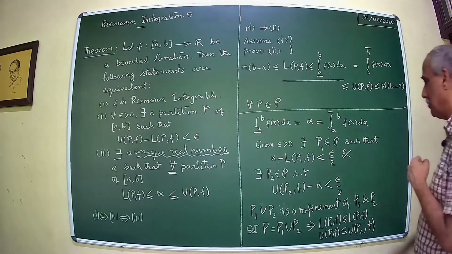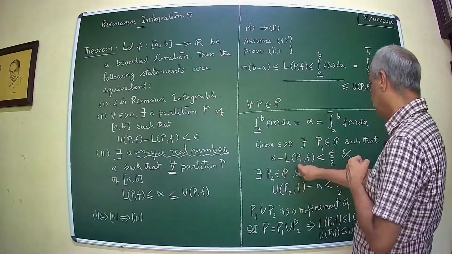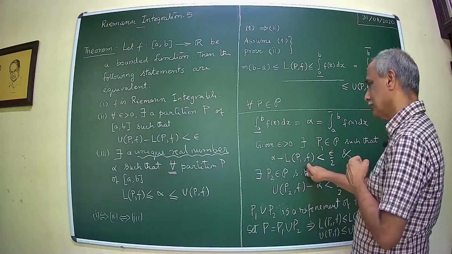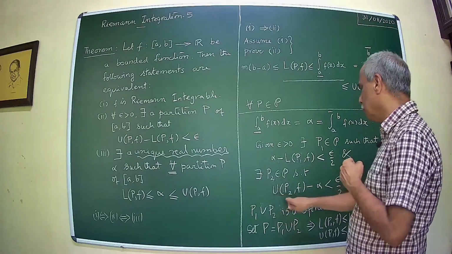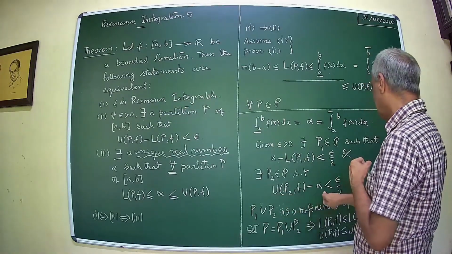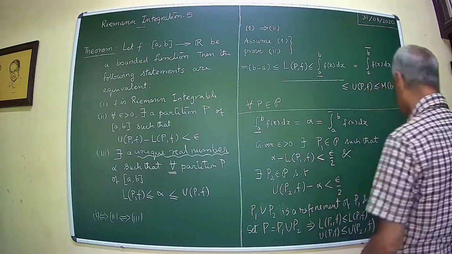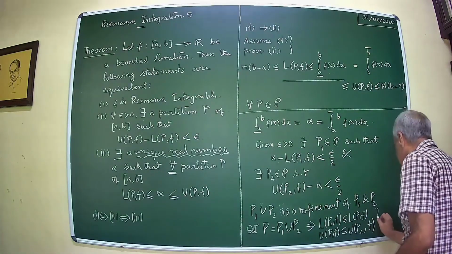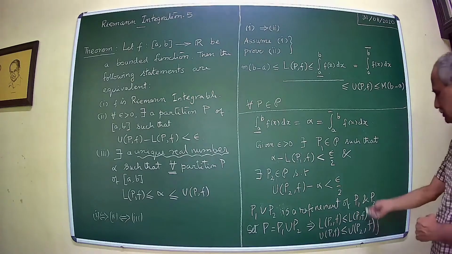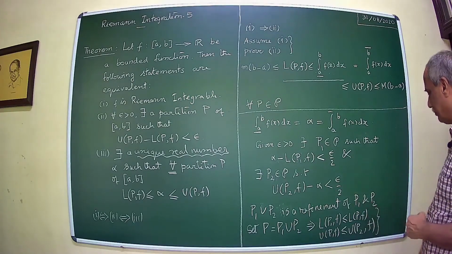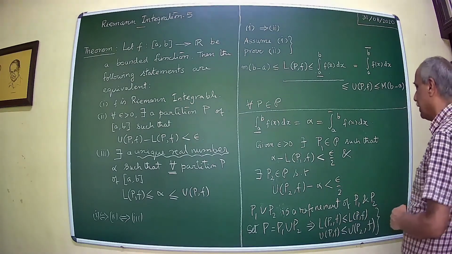Now you see that alpha minus LPF is less than epsilon by 2, and UPF minus alpha is less than epsilon by 2. So with this and the property of refinement, these are the properties that you have. So you get the following.